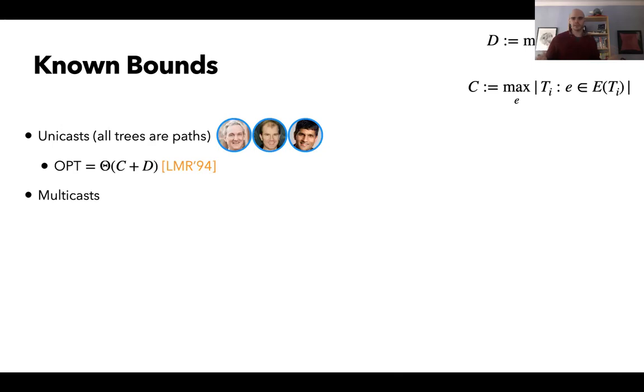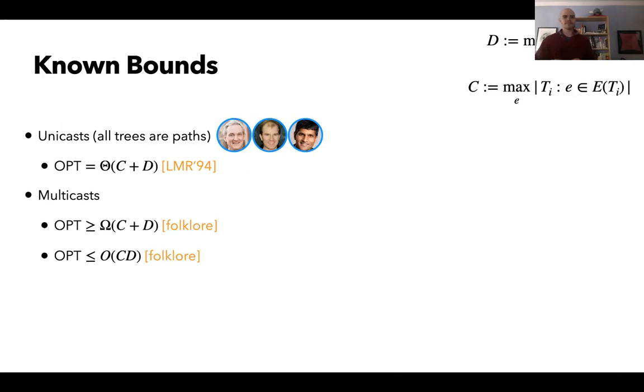Okay, now what's known about this simultaneous multicast problem that I just described? Well, again, we have this trivial lower bound of C plus D, but we also have a trivial upper bound of C times D. Where does this come from? Well, you can imagine that we could take our rounds and group them into so-called meta rounds, each with C rounds in them.